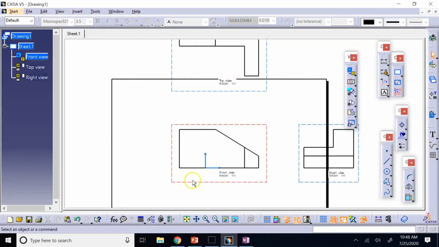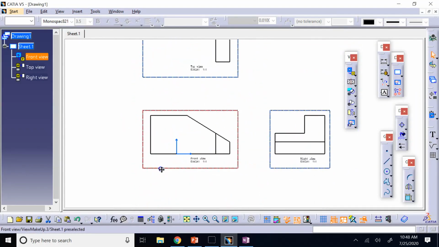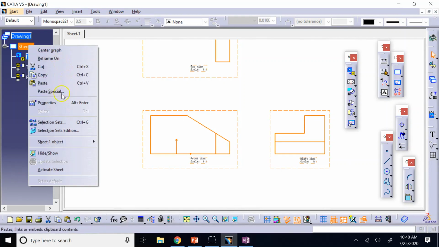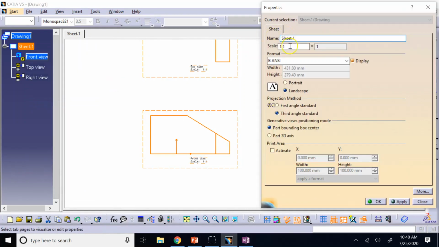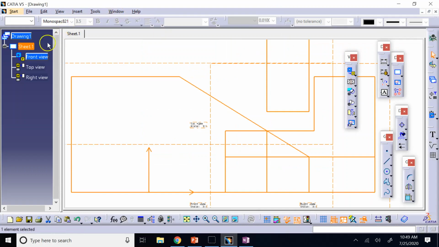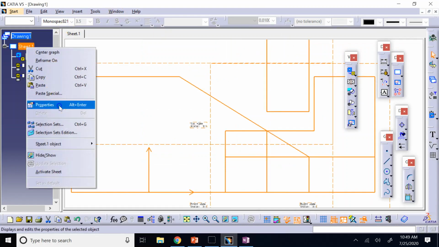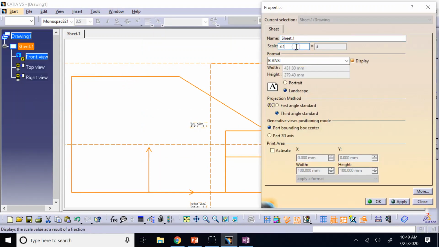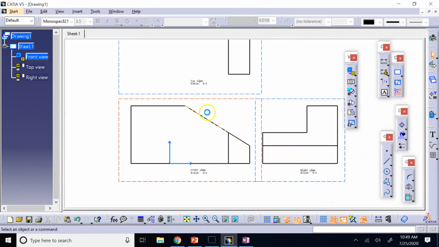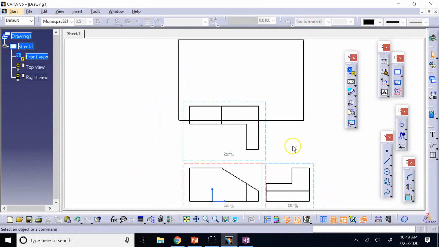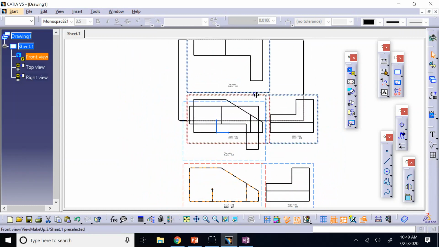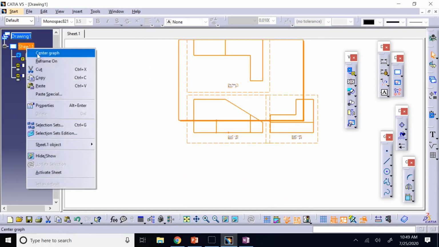right? So you can see, maybe that's too big.